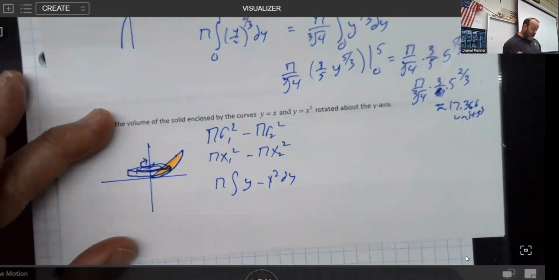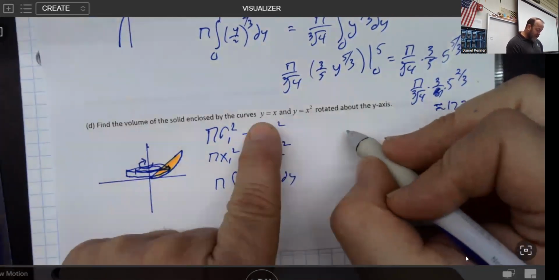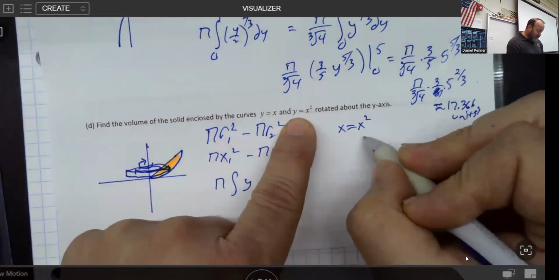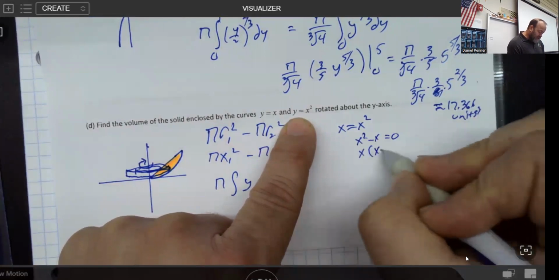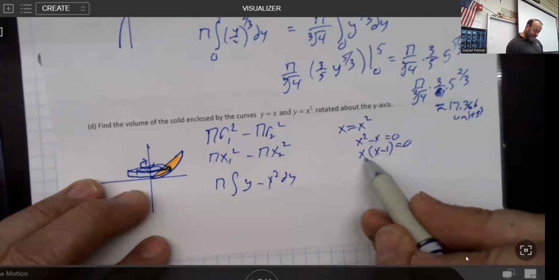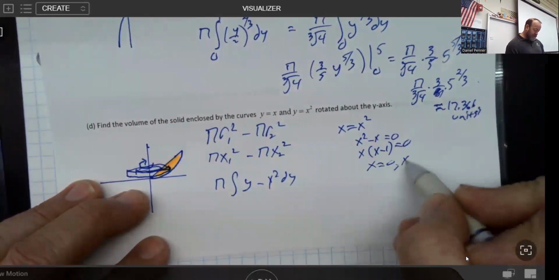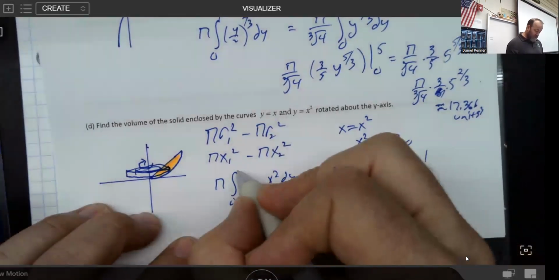And the only other thing that we have to do is figure out where these things cross. So if y and x are the same, then x equals x squared. And again, doing a little bit of math, which is not particularly difficult, we find out that those two things intersect at x equals 0 and x equals 1. But since y and x are identical, that means we're going from 0 to 1 as well.